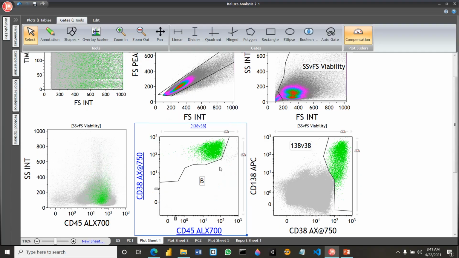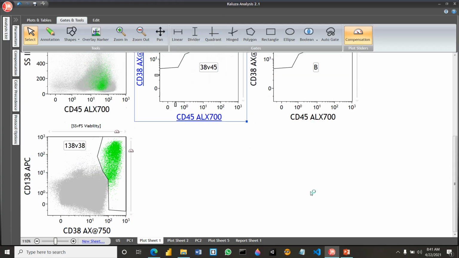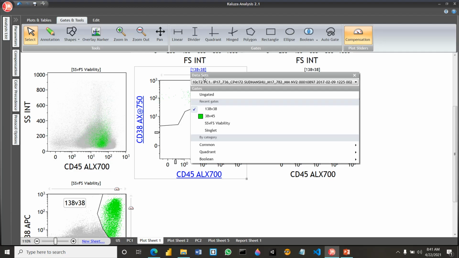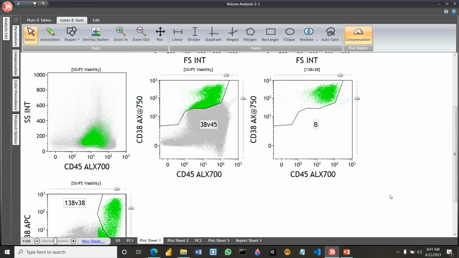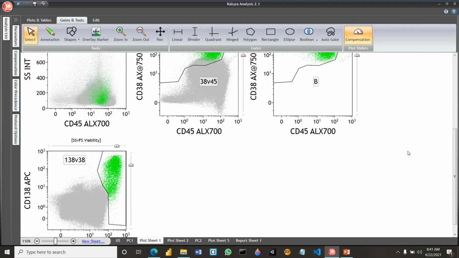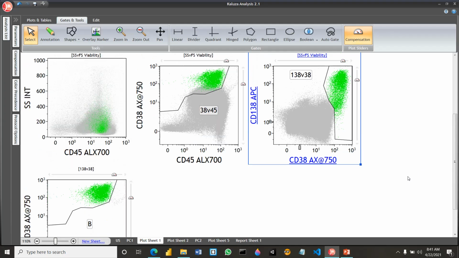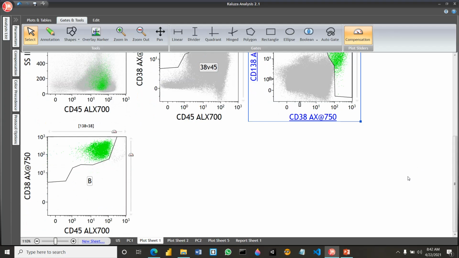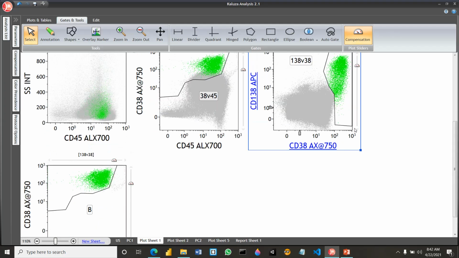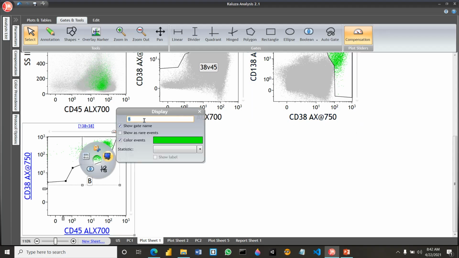I'll keep it here. So because we have combined both the approaches to include all these cells, we can label it final plasma cell gate.